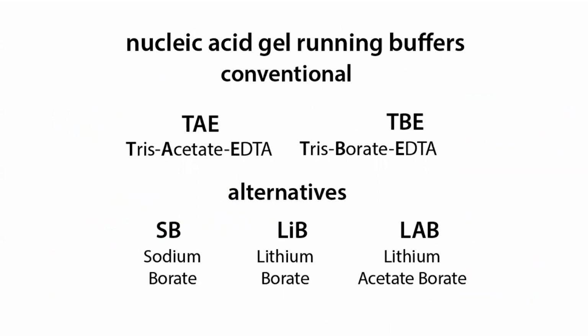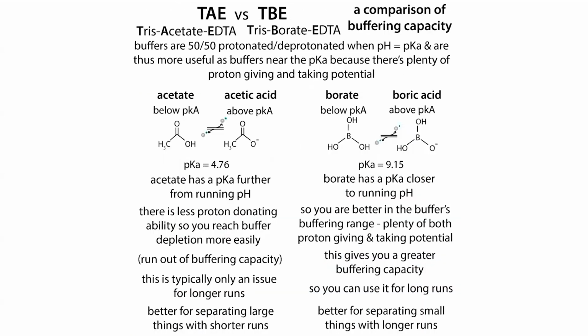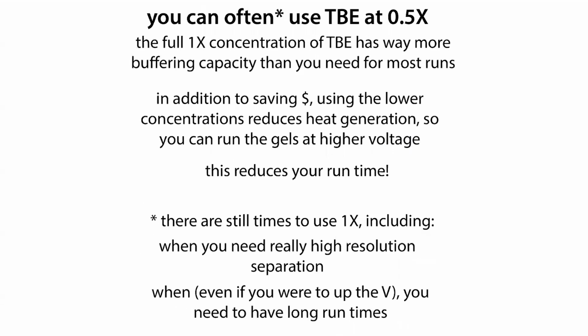But the main two that we typically use are either TAE or TBE. And so I have a whole post on this that I'll link to, but basically TAE is better for separating large things with shorter runs, and TBE is better for separating small things with longer runs. We often use TBE for our PAGE gels and TAE for agarose gels, just in my own experience.